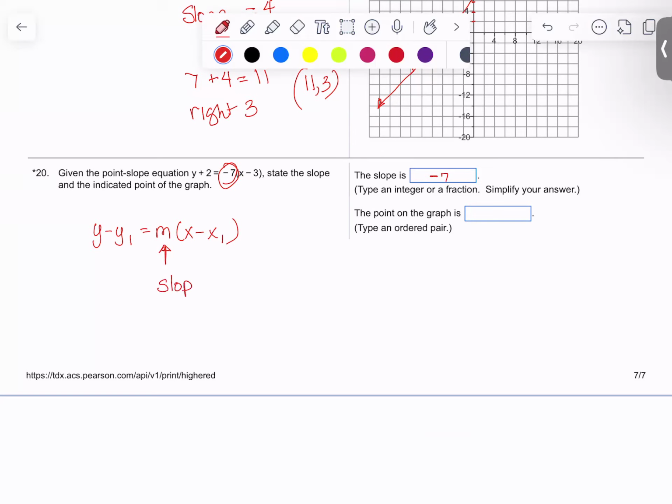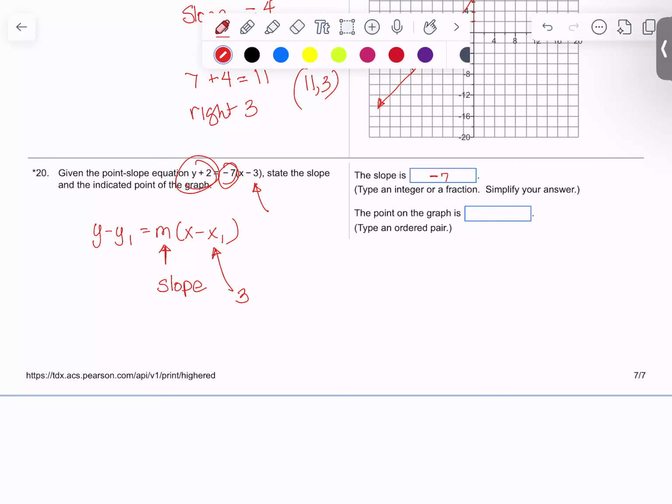And then the point, the x coordinate of the point is whatever you're subtracting from x, because that formula is x minus the x coordinate of your point. So we're subtracting 3. So the x coordinate is 3 of that point. But over here, we're adding 2.